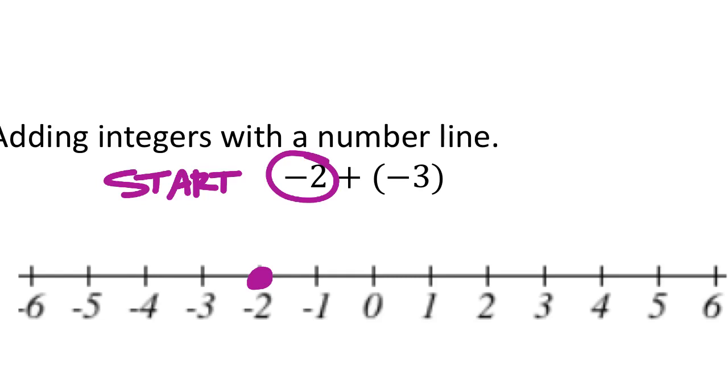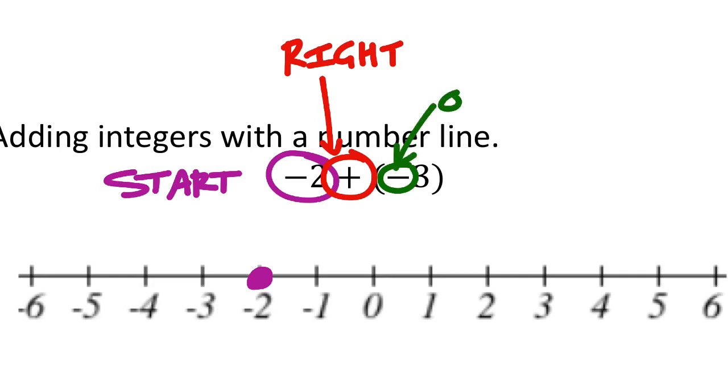Now, addition usually tells us to go on the number line to the right. But this is a -3 right here, so it's the opposite of the right. We talked about how negatives are opposites. Well, what is the opposite of the right?